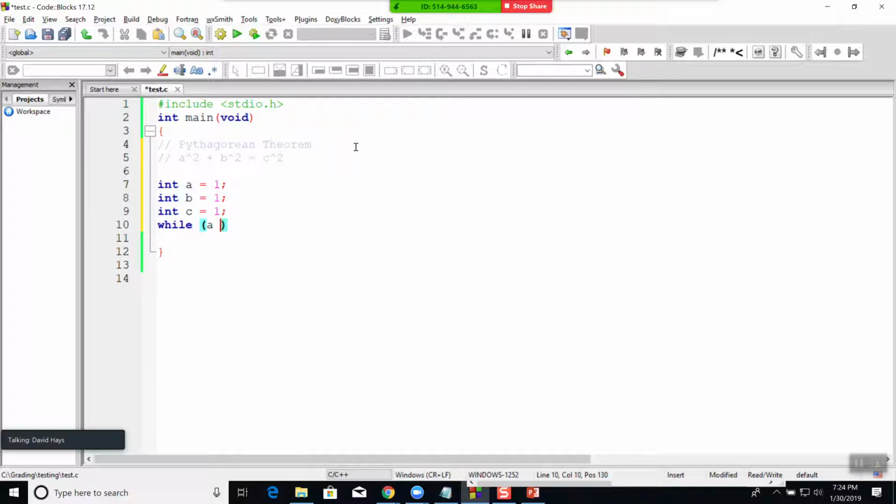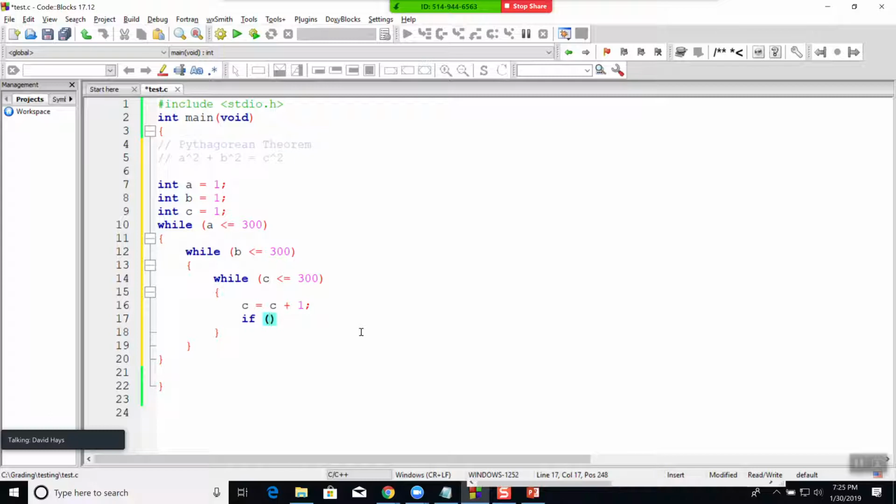Say while a is less than or equal to 300, while b is less than or equal to 300, while c is less than or equal to 300. So I'm gonna change each of these by 1 each time through the loop. So here I'll say c is equal to c plus 1.